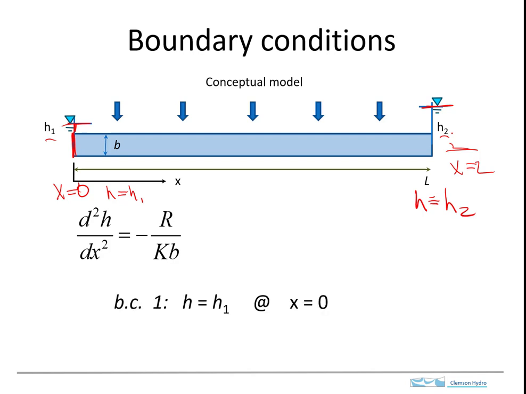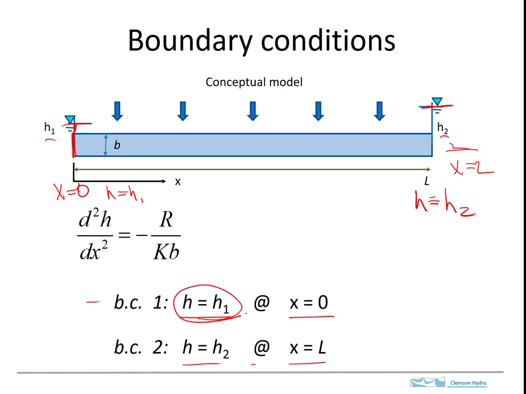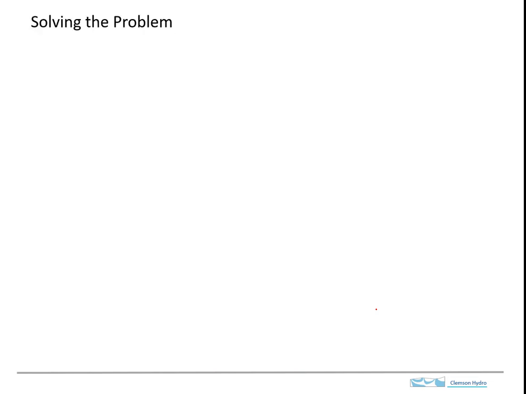So that leads to two boundary conditions: H equals H1 at x equals 0 and H equals H2 at x equals L. We'll always write boundary conditions in terms of a specified head or a specified flux at a location.